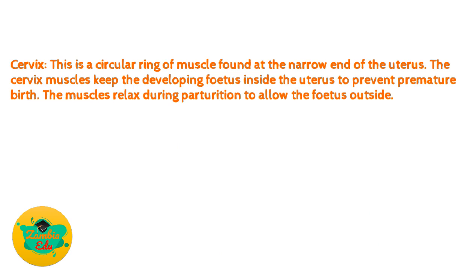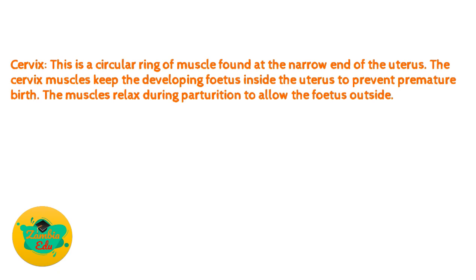The muscles relax during parturition to allow the fetus outside. So during childbirth, we're able to see that the muscles of the cervix are able to relax to allow the fetus to come outside.